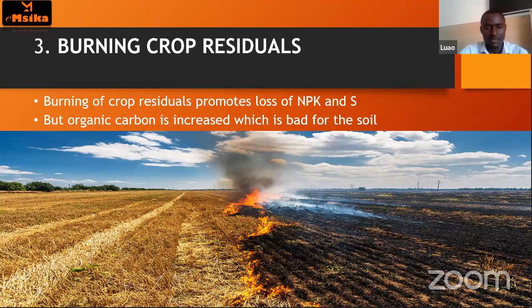The second point is that organic carbon is increased, which is bad for the soil. When you burn the crop, you promote carbon dioxide in the air and also in the soil.